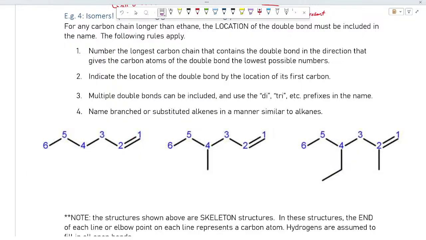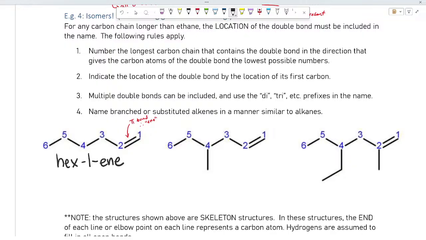But we need to call it hexene because there's a pi bond present, right? So that pi bond is going to make this an ene, but we need to say where it is. And this pi bond starts on which carbon? Carbon 1. So we would call this hex 1 ene.